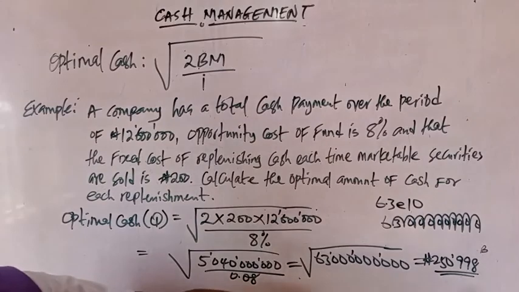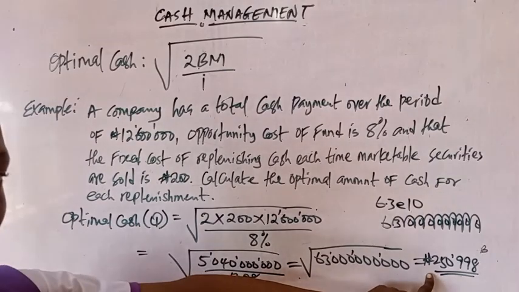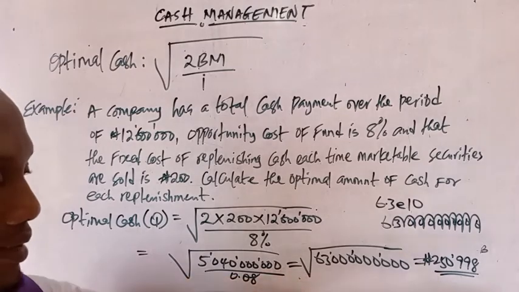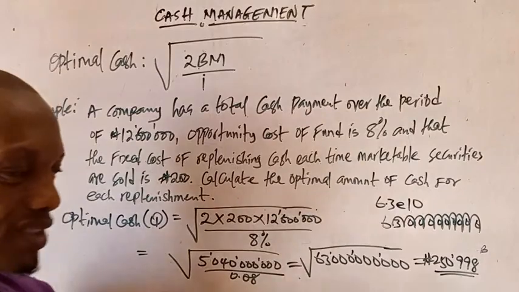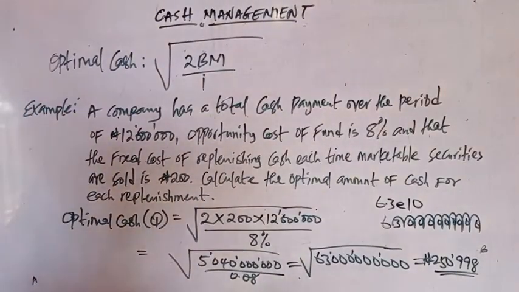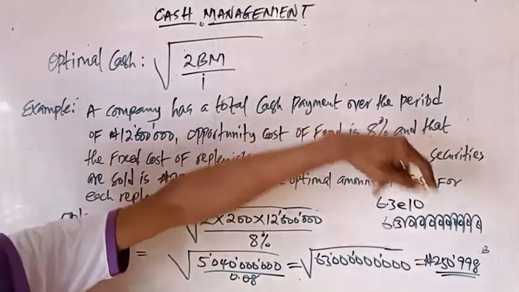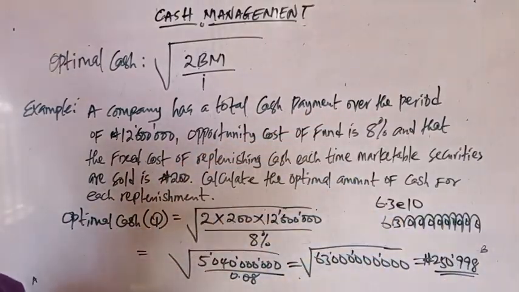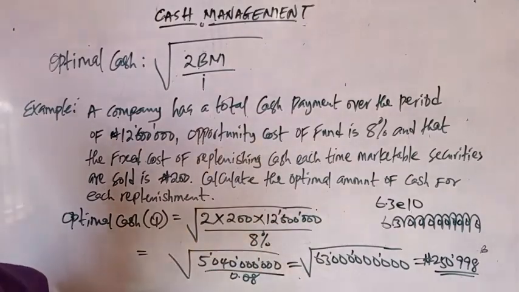So if you have excess cash above this, you should buy marketable securities in order to bring down the cash you are holding back to the optimal level.